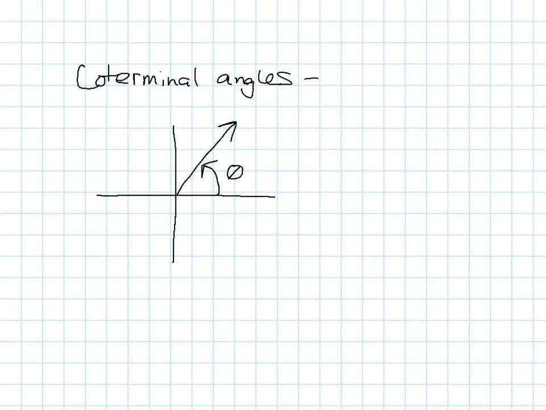Now, there's another concept called coterminal angles. Let's say I have a certain angle, theta, and it gets me somewhere in the first quadrant. If I wanted to find a coterminal angle, I could go around the circle, starting from this point and getting back to it, and do that a lot of times.